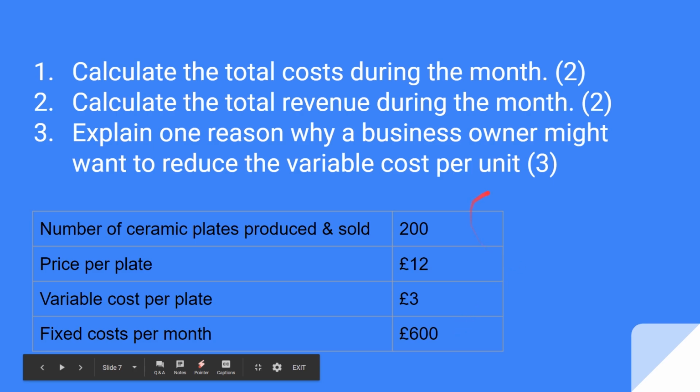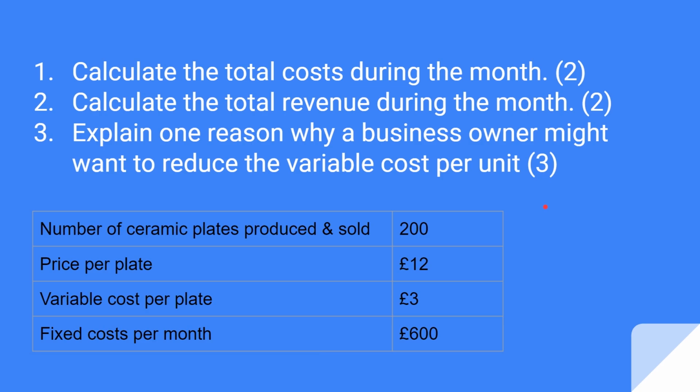Now calculate the total revenue. Well, this is where of course we've got to use price times quantity sold. The price is 12, and we can see that we've got 200 plates that were actually sold. So when you run through that, what do you get from 200 times 12? Well, you get 2,400. Lovely job.